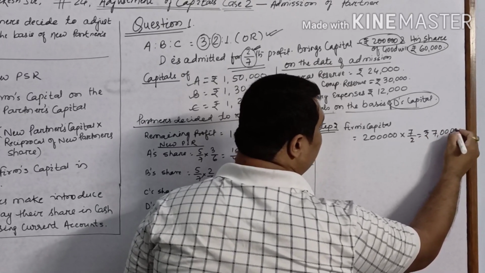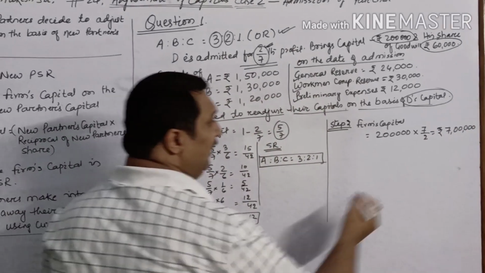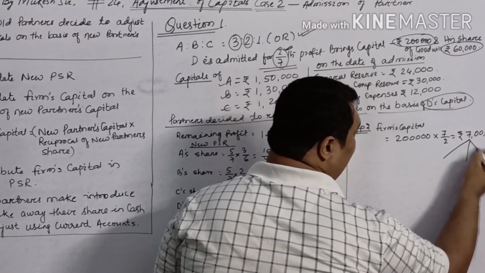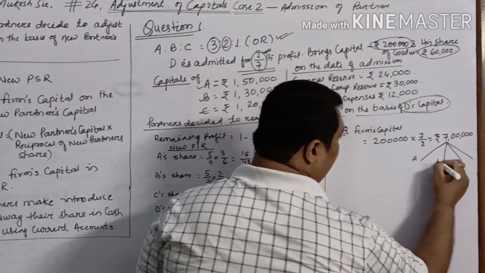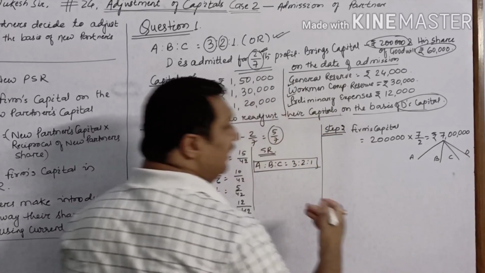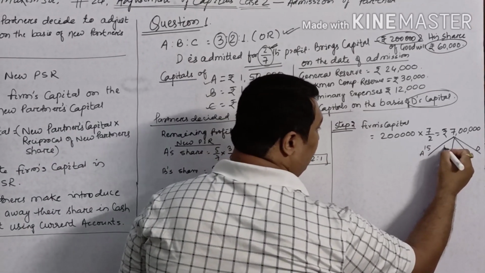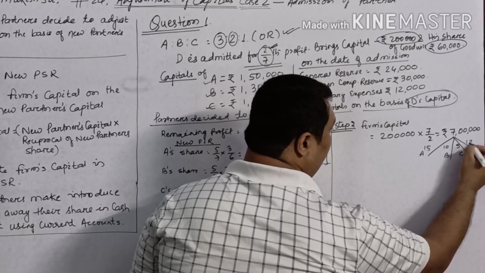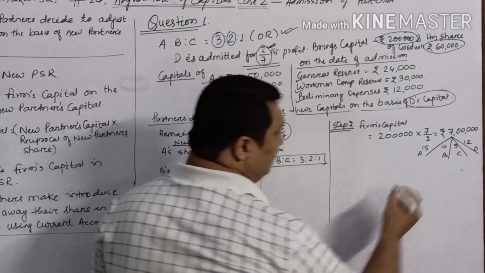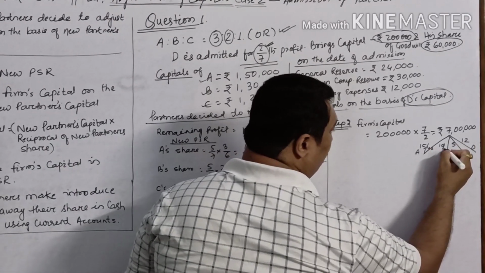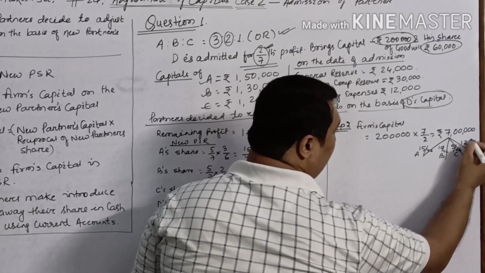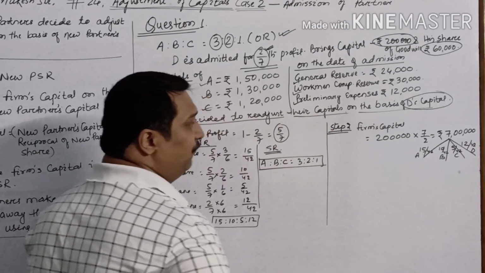That means the firm's capital is rupees 7 lakh, and this 7 lakh will be distributed between A, B, C and D in their new profit sharing ratio, which is 15:10:5:12. That means it will be 15/42, 10/42, 5/42, 12/42.